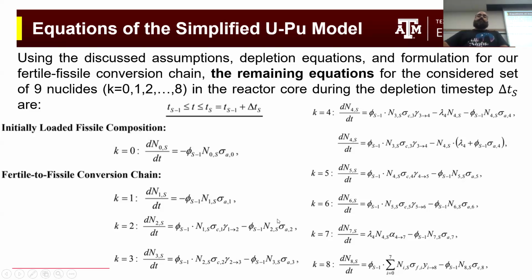Then again it's lost due to capture and lost due to fission, and we group the capture and fission together as absorption. You could go through every other nuclide in that chart and set up these conservation statements based on the gain mechanisms and the loss mechanisms.